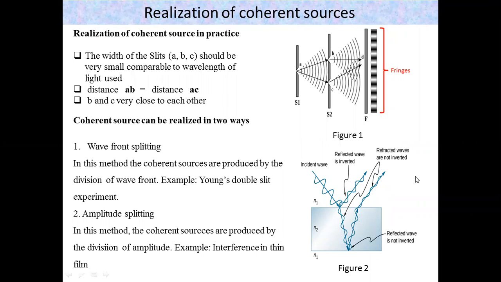This is known as interference due to the division of amplitude. For example, optical elements such as beam splitter, mirror, and the interference in thin film.